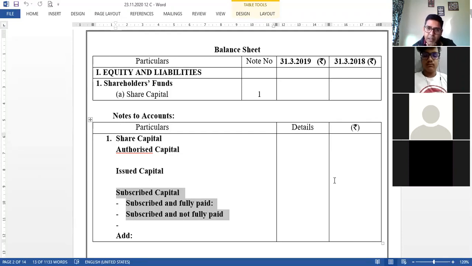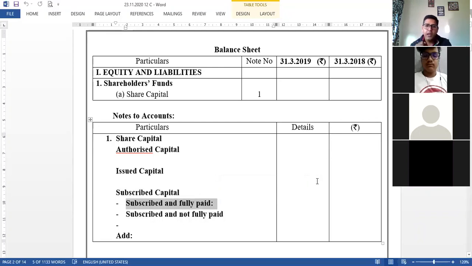What is subscribed capital? We all know that whenever the company issues the shares, whatever the company has received from the shareholders, from the applicants, that is basically the subscribed capital. अब subscribed capital में भी क्या होगा कि fully paid up. Subscribed and fully paid up is the first category.